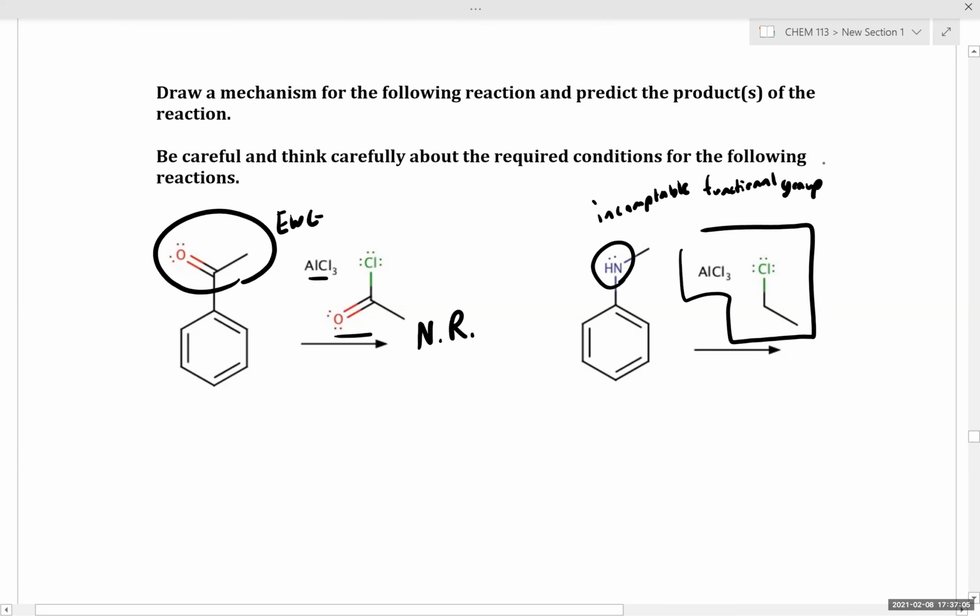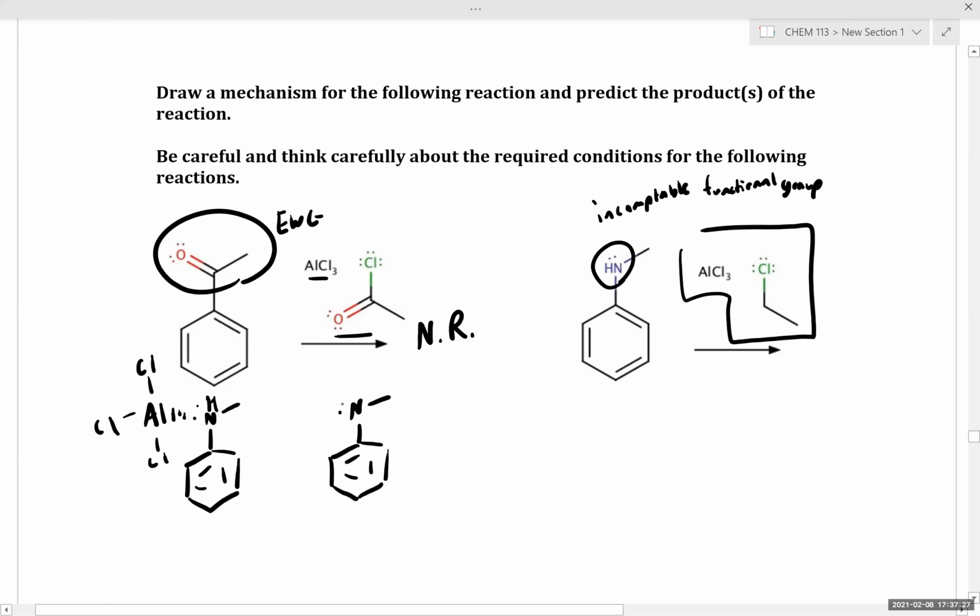As we discussed when we talked about the Friedel-Crafts reaction, when we have a free amine, or an amine with an available lone pair, this free amine can readily coordinate our Lewis acid catalyst, or the free amine can react with our electrophile at the nitrogen site.